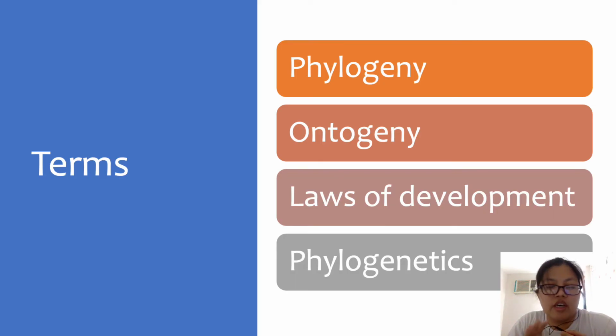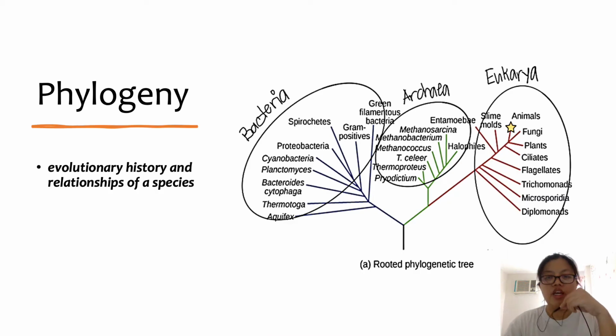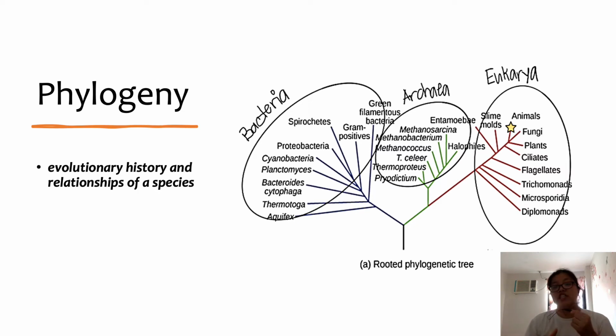For this lesson, you have to remember four different terms. Number one is phylogeny, and then ontogeny, laws of development, and phylogenetics. For the first term, we will introduce phylogeny. I already introduced this term earlier in the evolutionary history and classification of the eastern glass lizard.